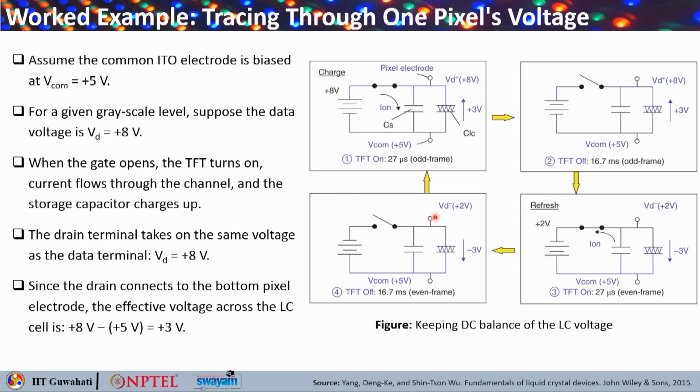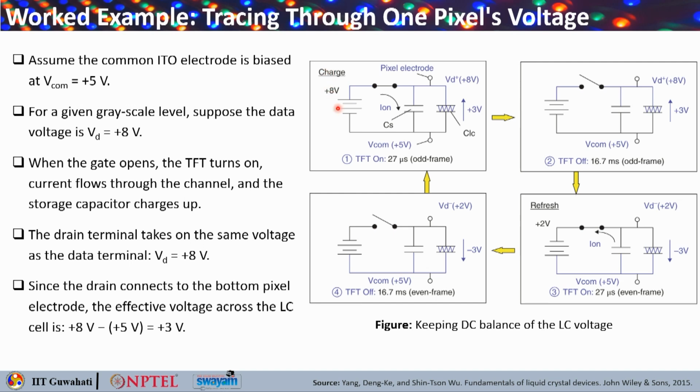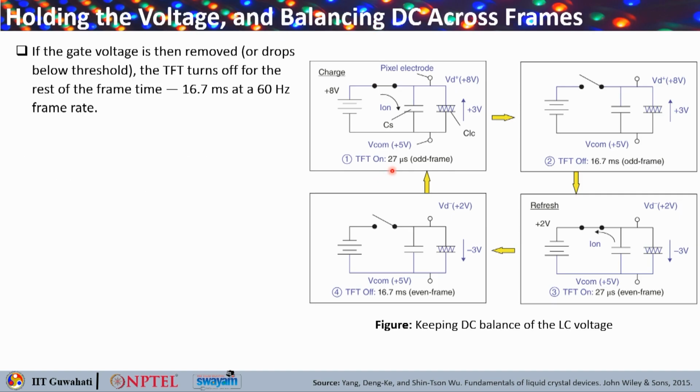Okay, so that you can actually see. This is how the movement occurs. So initially the charge is applied, this gets charged up, you get 5 volts here, and the effective voltage across the liquid crystal layer is 3 volts, that we understand. Now if the gate voltage is then removed, or it drops below the threshold, the TFT turns off for the rest of the frame time.